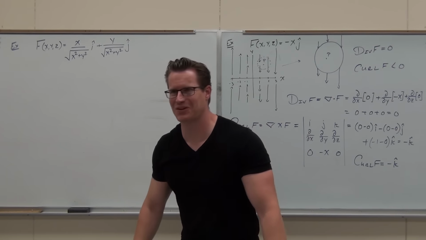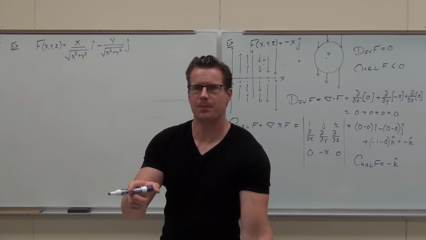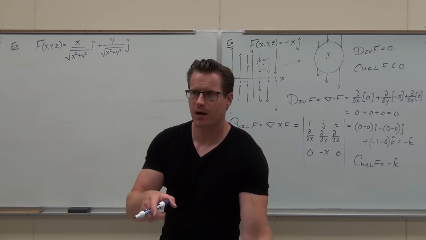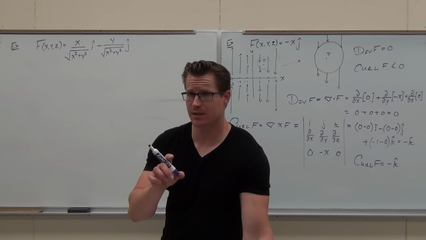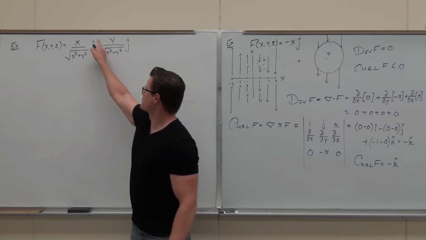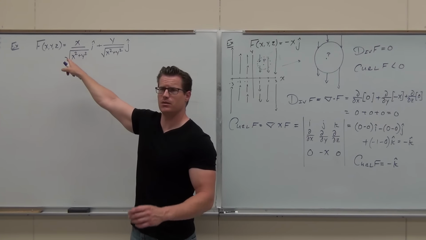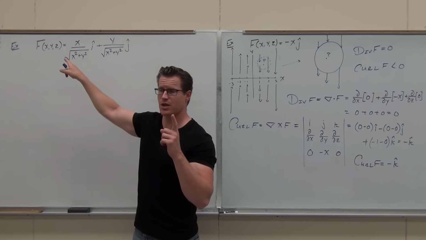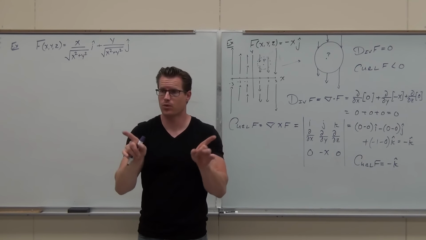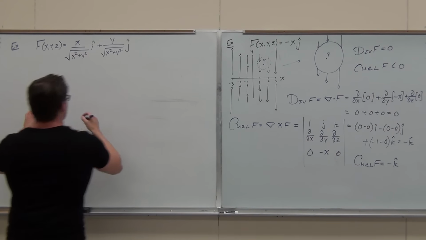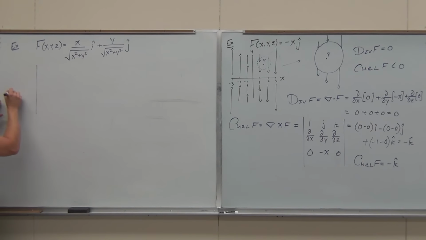Oh man, what's that look like? 15.1. We actually did this one. If you remember what this is, these are vectors that have magnitude of 1. They're all unit vectors. They're all pointing away from the origin is what this looks like. So if you were to draw it, we already did, but maybe a better way to draw this would be, well, you know what?